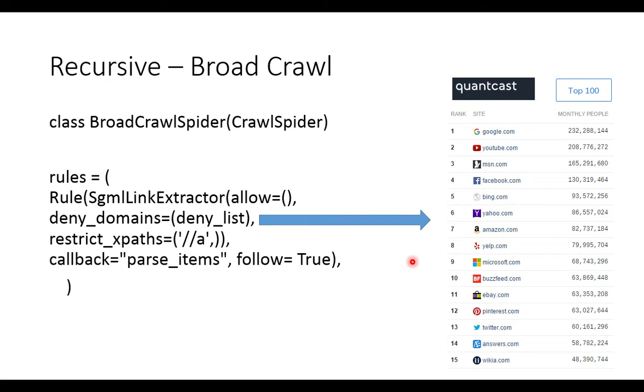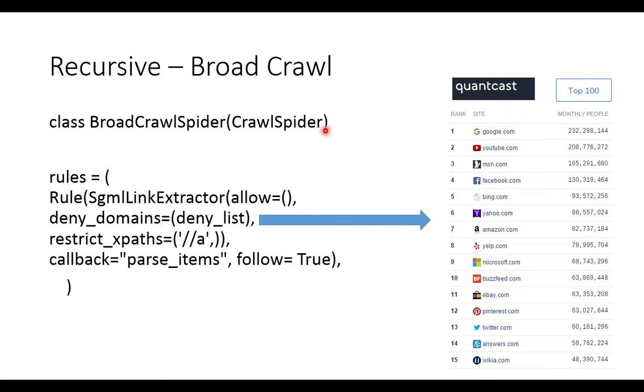In terms of the crawl strategy, again, it's a broad crawl, so it's not a focus crawl. I'm using the CrawlSpider class as the base class and not the default spider, because we have to do recursive crawling.